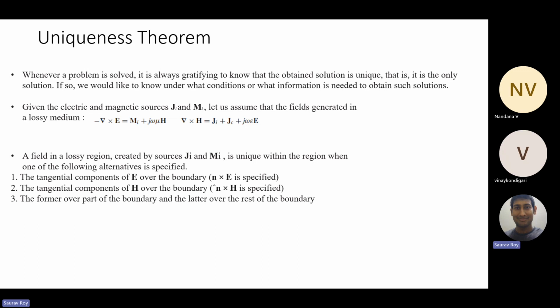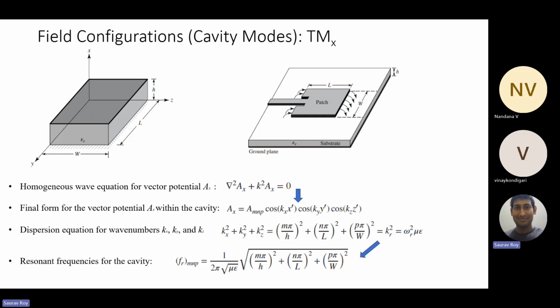If you solve our equations, curl E equals, curl H equals, generally what do you get? Equations of partial derivatives. If you remember, del square E, del square H. Grad square is a term with d square by dx square, d square by dy square like this.